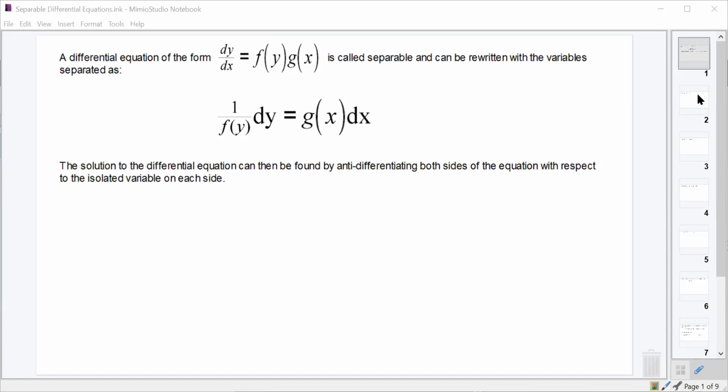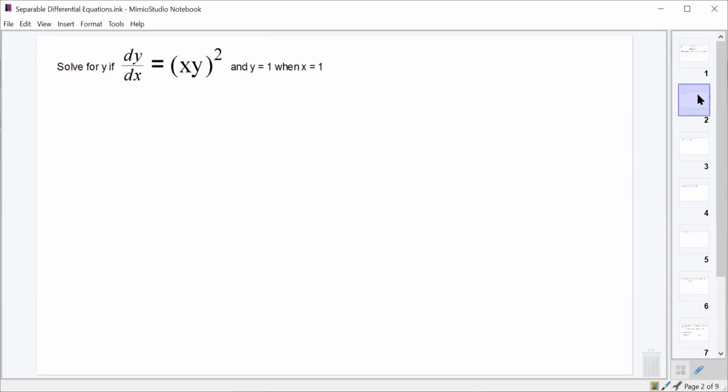Yeah. All right. Let's take a look here at dy/dx equals x times y squared with y equal to 1 when x is equal to 1. What do you think we should do first?